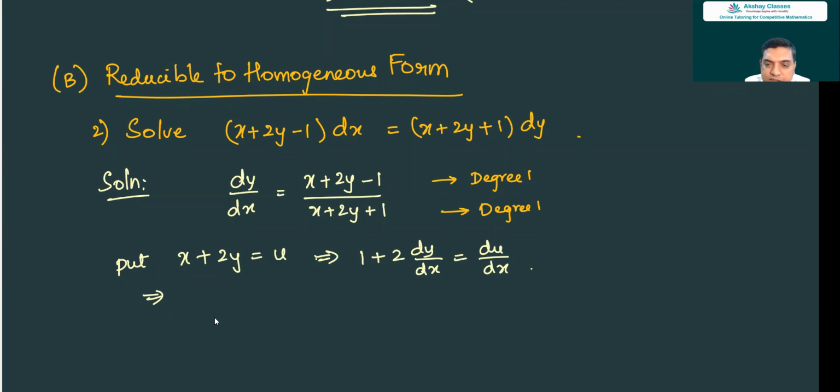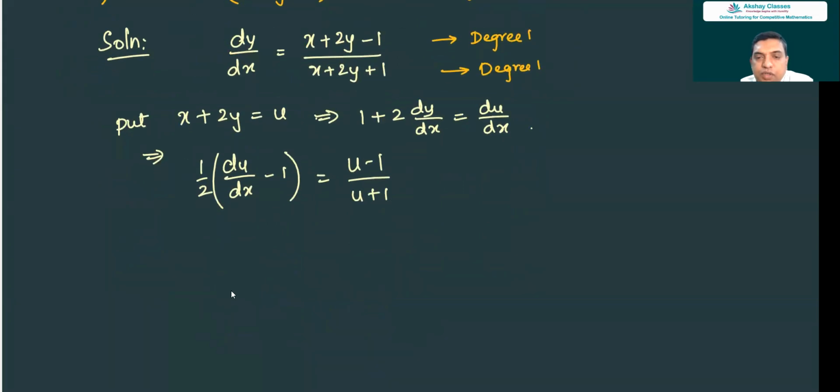So this implies du by dx minus 1 upon 2 is equal to u minus 1 by u plus 1. So now it is by substitution, and now I can easily solve this.